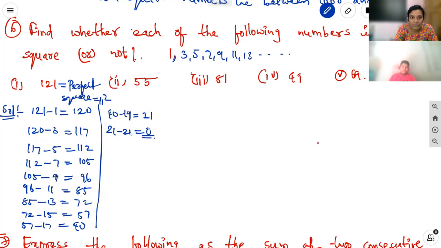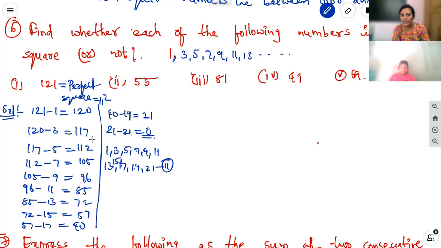1, 2, 3, 4, 5, 6, 7, 8, 9, 10, 11. How many odd numbers are there? 1, 3, 5, 7, 9, 11, 13, 15, 17, 19, 21. That is a total of 11 odd numbers.